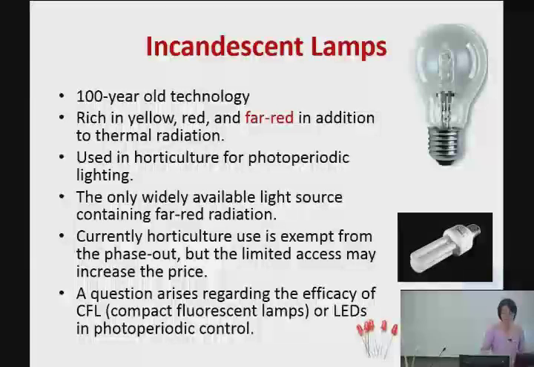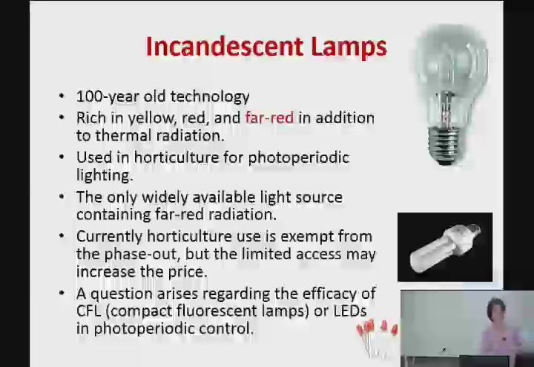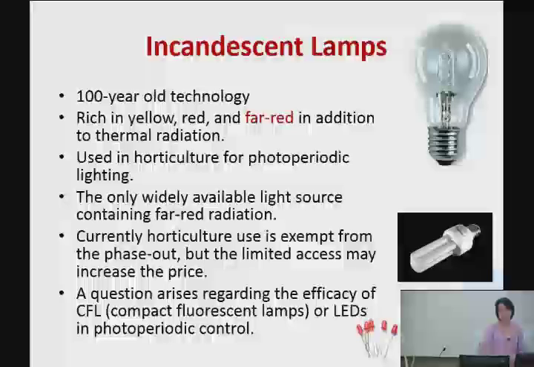But I think the price is going to increase eventually because the market is shrinking. People are more encouraged to switch to more energy efficient light technology. So that's happening. Therefore it's a critical need to find out if we can use other types of lighting to trigger the flowering response. Flowering response is the photoperiodic response, but it involves phytochrome. Phytochrome senses red and far red.